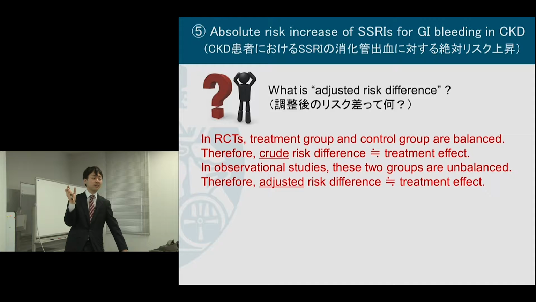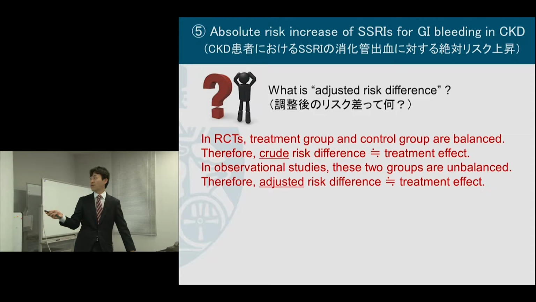And you just take a difference between the groups, which is crude, but this is the treatment effect because there is no confounding between the groups. But in observational studies, if you take the difference between the groups, this is unadjusted, but these are confounded.